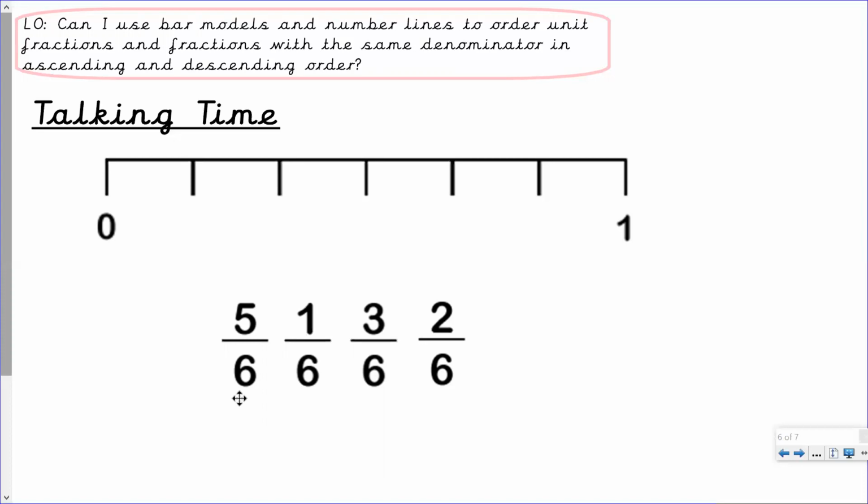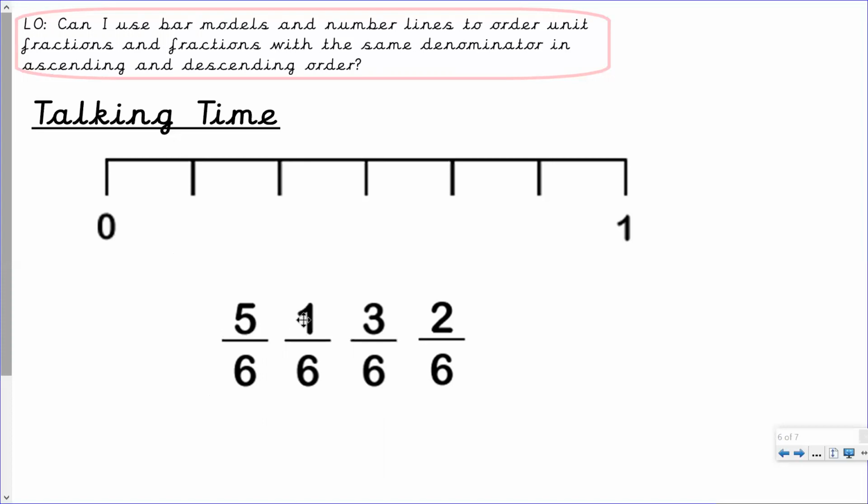So what does that mean? That means that all of these fractions represent something that's been divided into 6 equal parts. So the larger the numerator, the larger the fraction.